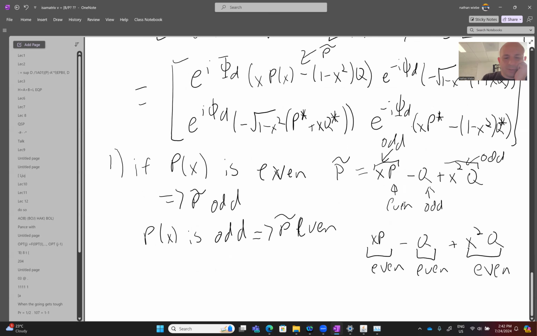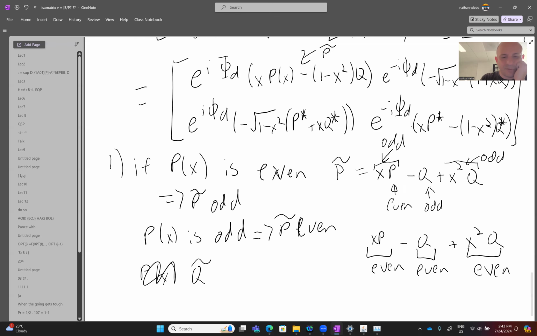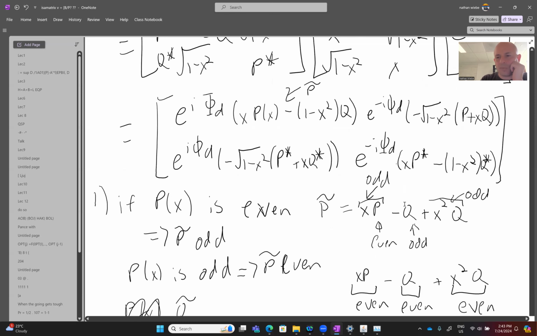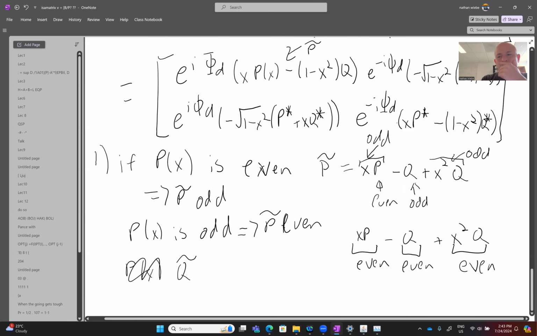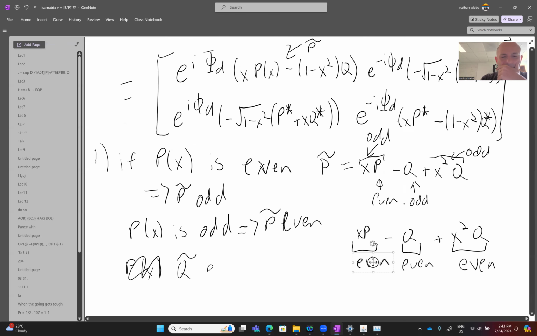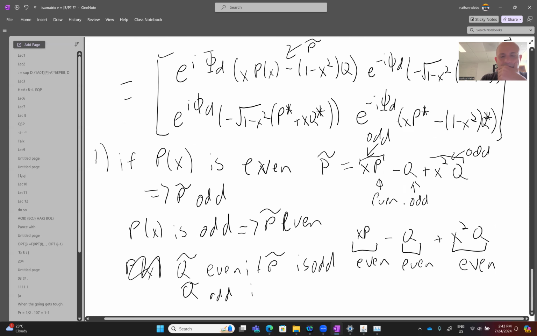And similarly, what we end up finding is that q tilde of x, which is the corresponding polynomial that we end up seeing here, has to be even if p tilde is odd, and similarly is odd if p tilde is even. Okay, so this shows property 2.